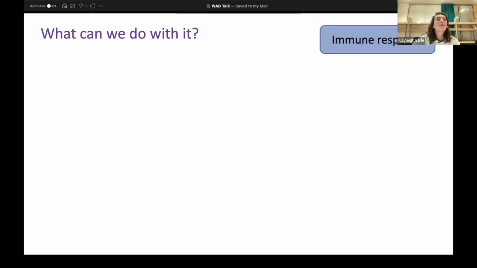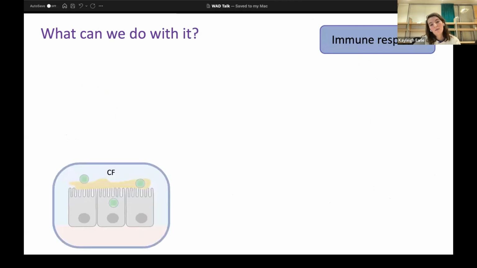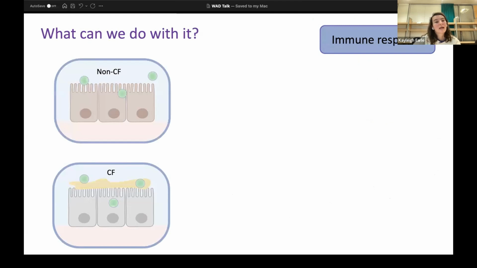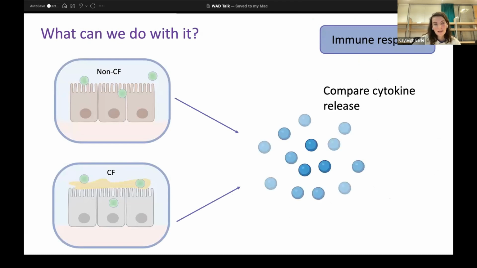So once we've had our model in, what can we do in the context of aspergillosis infections? One of the first things we can do is look at immune response. So we have our CF cells and we have our non-CF cells, and we infect them with Aspergillus fumigatus spores. From this, we can do experiments and compare the cytokine release.